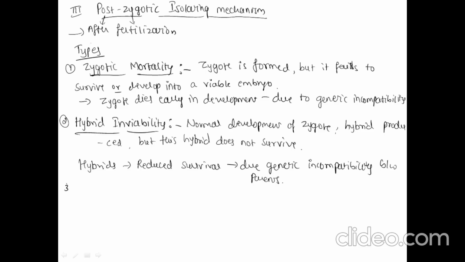Now comes the third type, hybrid sterility. Sterility is being incapable of producing fertile offspring.